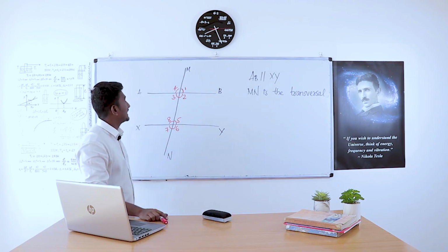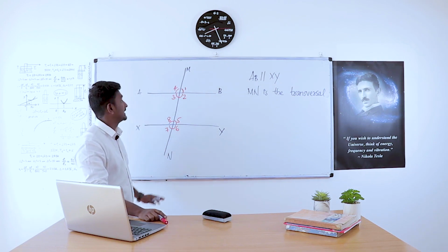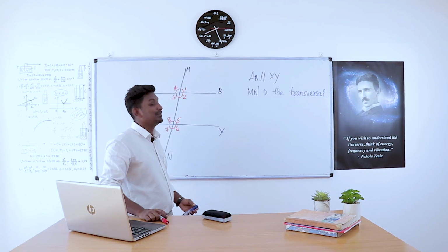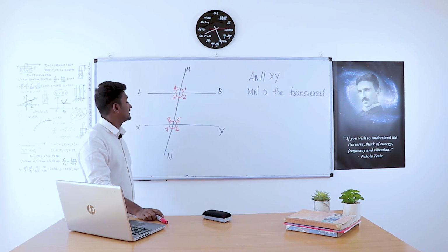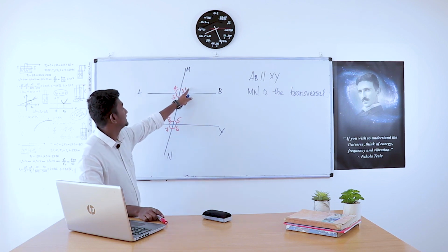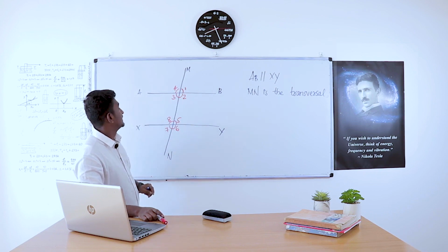These are the 8 angles formed when a transversal intersects two parallel lines. AB parallel to XY, and the transversal MN intersects these two parallel lines. Then we get 8 angles. These 8 angles have some specific features.